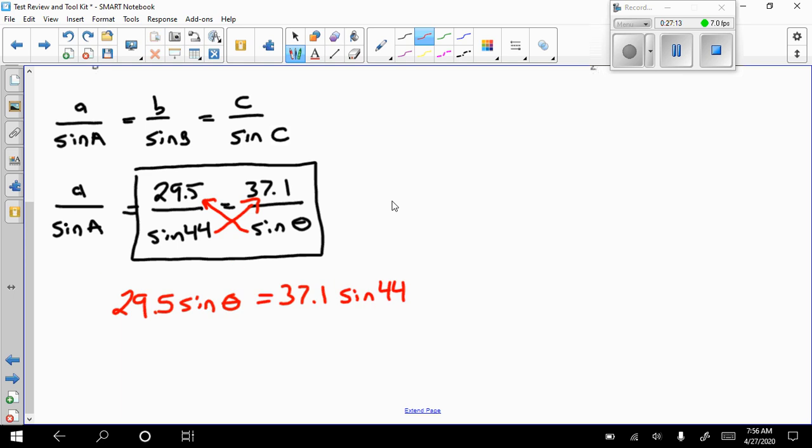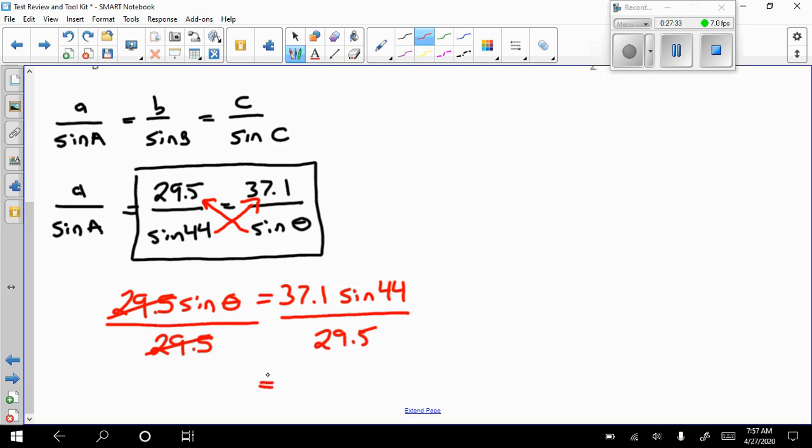And then I want sine theta by itself, so I'm going to divide the 29.5 off that side, but whatever I do to one side of math, I've got to do to the other side, so I'm going to divide there. That gets rid of it. And so there you go. I've got sine theta now on its own and on the top.